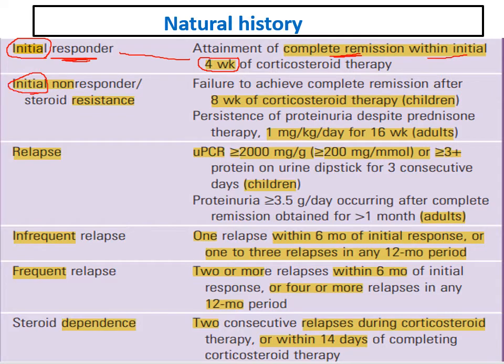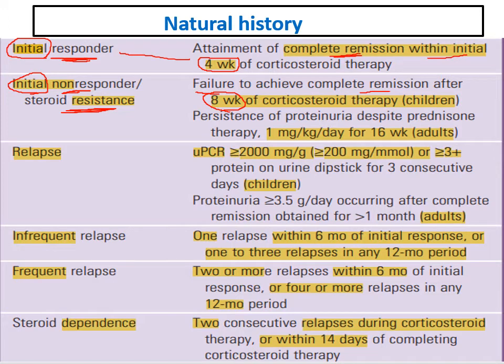طيب initial non-responder or steroid resistant, when I define my patient as steroid resistant: failure to achieve complete remission, very important definitions, after 8 weeks of steroid therapy.